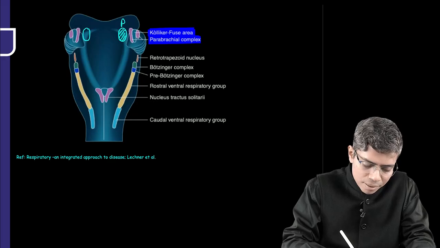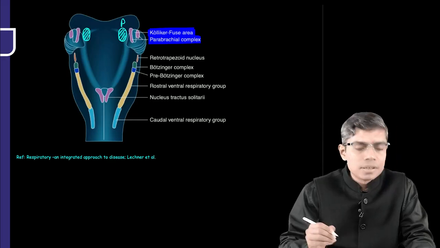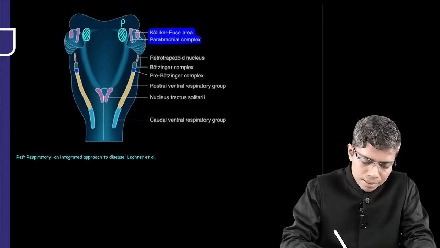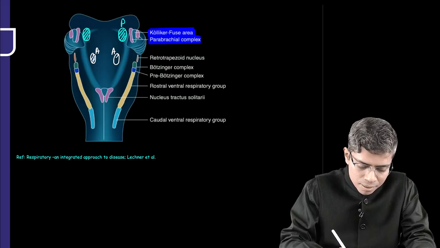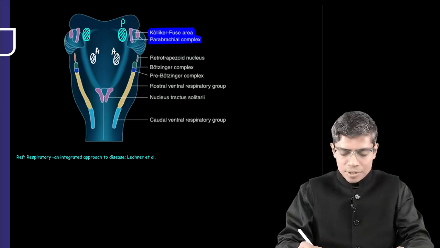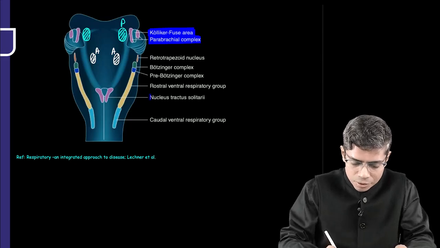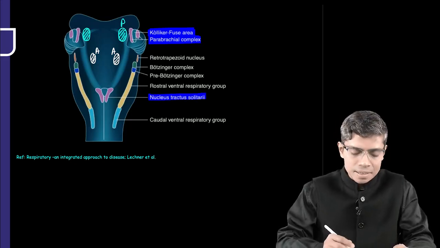Then just below this pneumotaxic center, somewhere here, the apneustic center will be present. Now you can find the nucleus tractus solitarius clearly here, this green color.